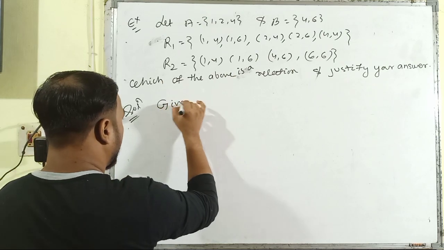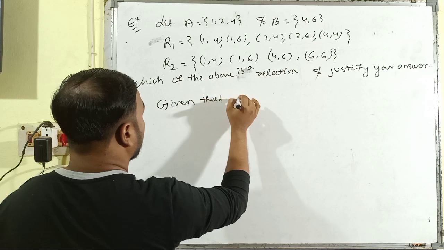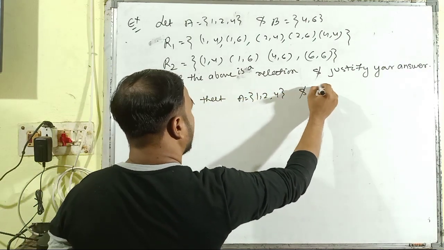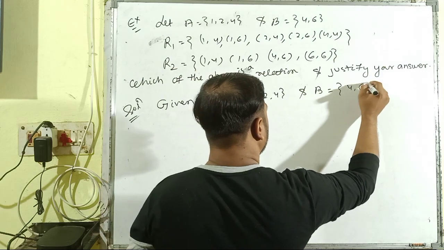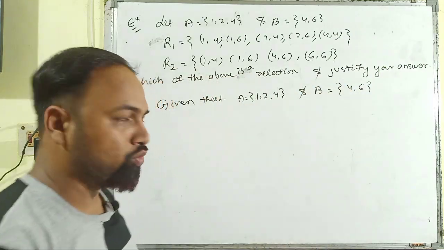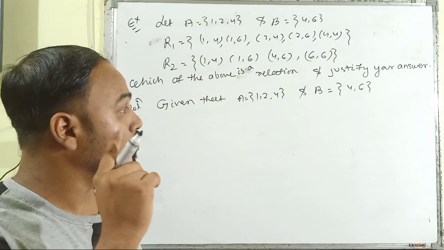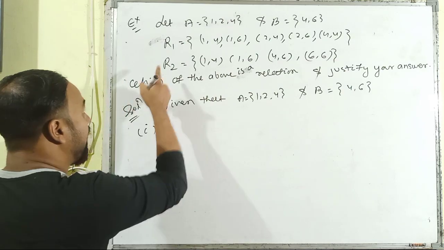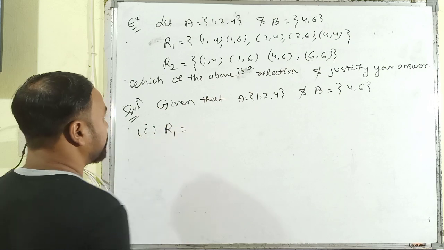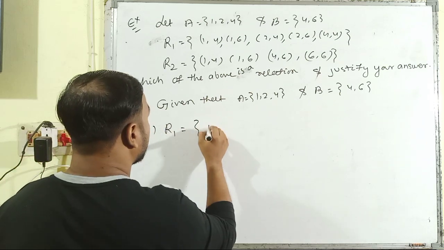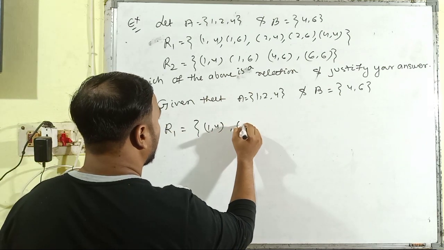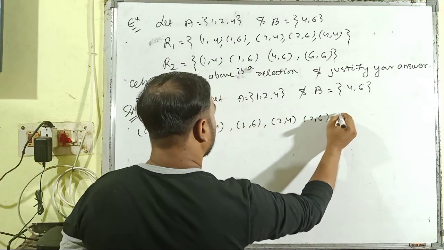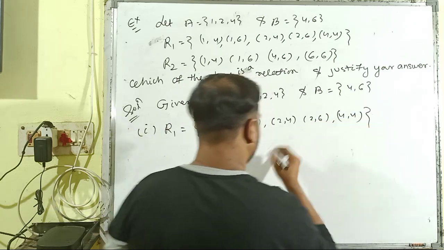Given that set A is equal to {1, 2, 4} and set B is equal to {4, 6}. Up to this is correct because we have taken two finite, non-empty sets. Then we have to move to the R1 set. The R1 set is given as {(1, 4), (1, 6), (2, 4), (2, 6), (4, 4)}.